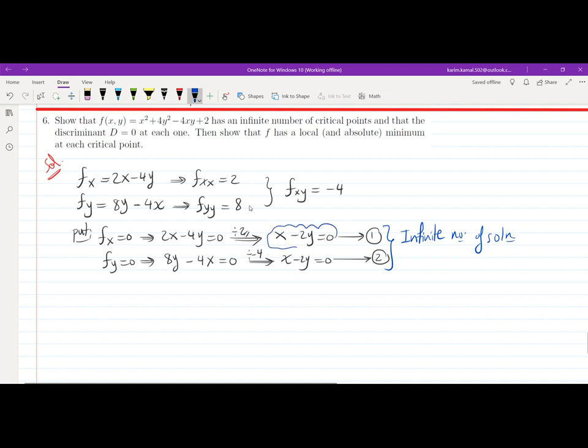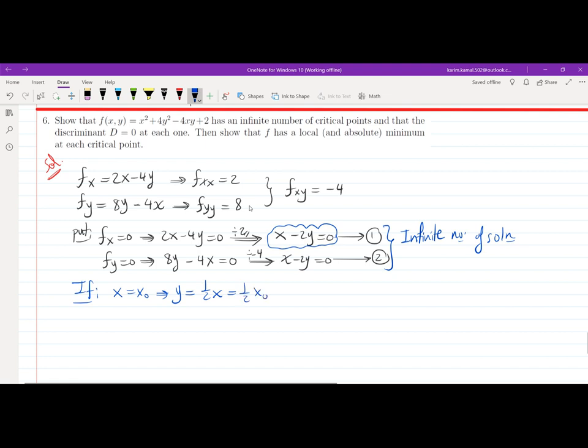For example, if x equals x naught, then y equals half x, which is equal to half x naught.